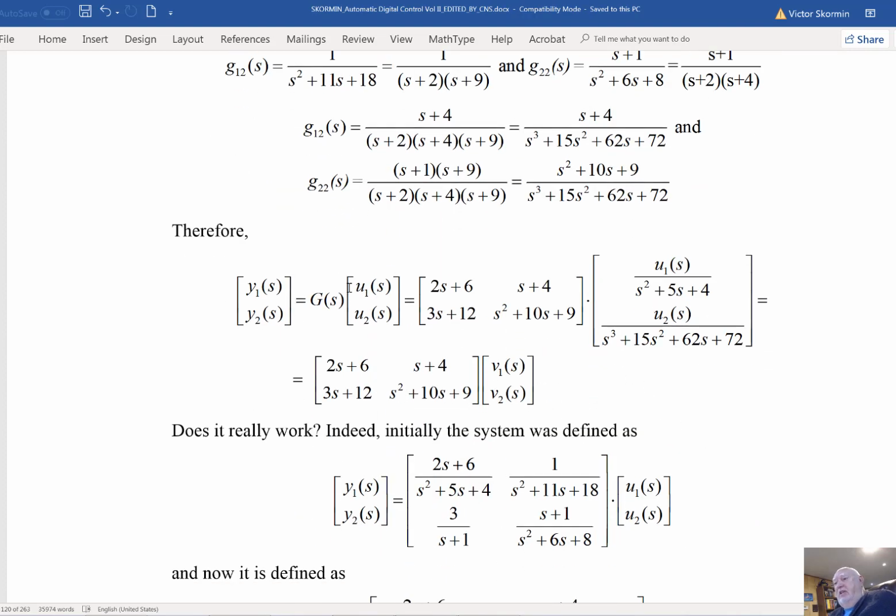And now what I did is nothing special. I have the original transfer function definition of our system, and look what I did. I factored out these common denominators, and I moved these common denominators into the column of control efforts.